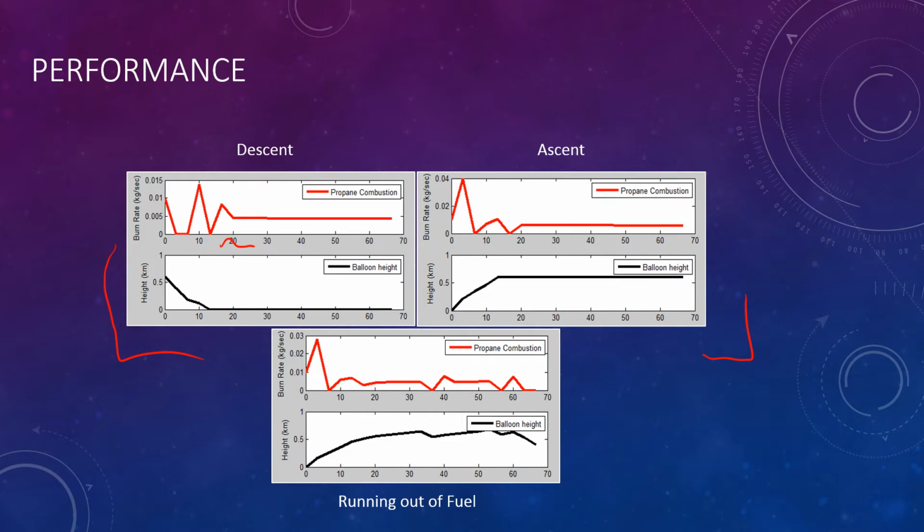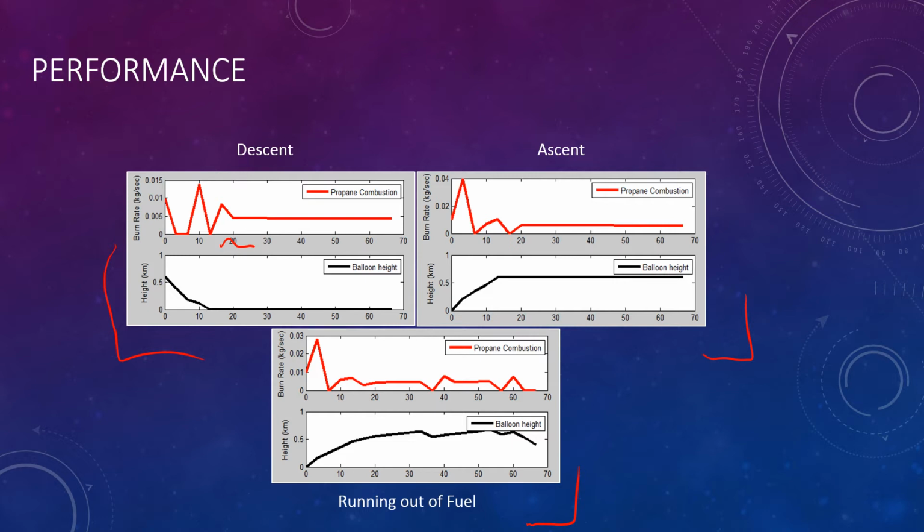And now, we wanted to understand what would happen to the balloon if we ran out of fuel during flight, which is modeled in our third test scenario down here on the bottom. And in that case, you can see that the balloon does in fact increase its altitude until it runs out of fuel, and then it hovers around steady state as the balloon cools, at which point the balloon begins free fall.